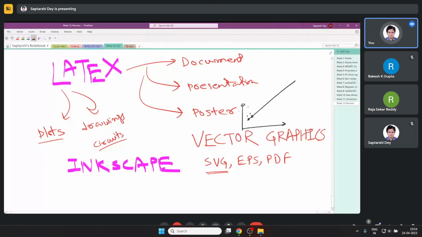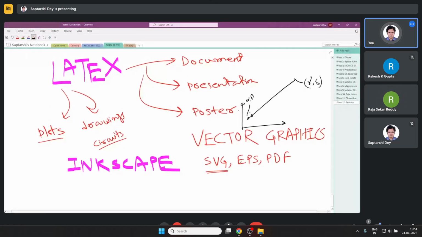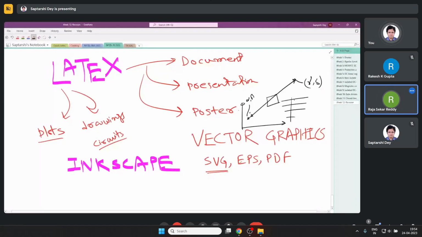It defines this point as, say, alpha beta, and this point as, say, gamma delta, and it records that between alpha beta and gamma delta there is a segment whose thickness is this and color is this. All the information it will save. So even if you zoom in, this information is used to generate the picture there, so it never cracks. In JPG images, beyond a certain zoom, it will break. Yes.